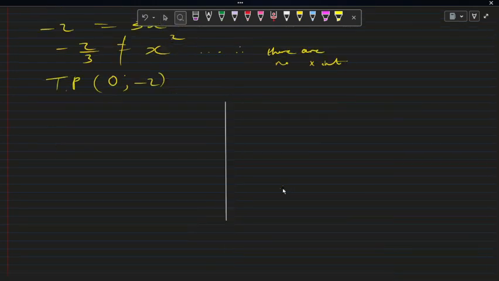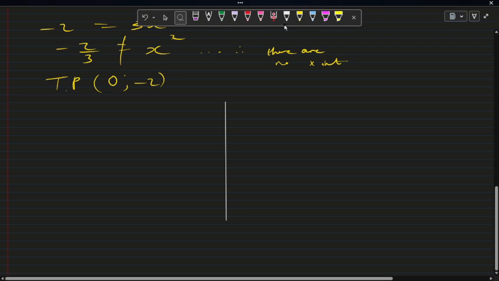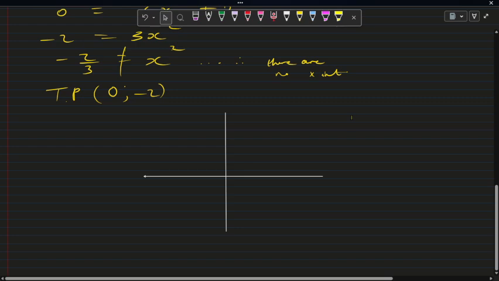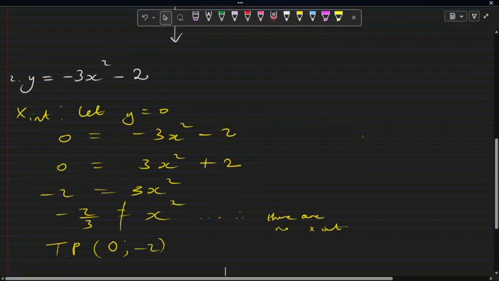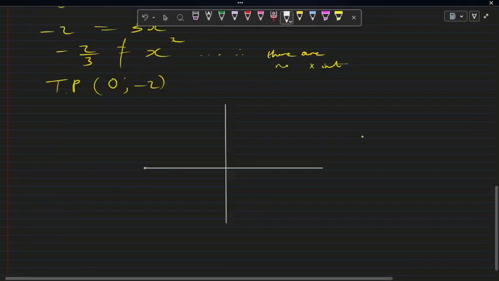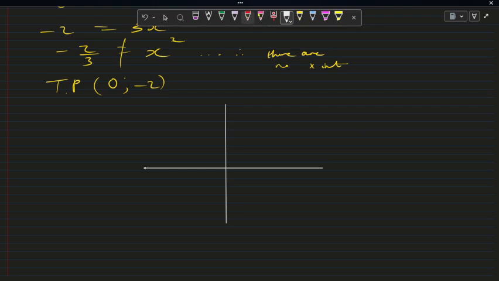Now we see that the graph is negative 3x squared, so it has this kind of scenario.